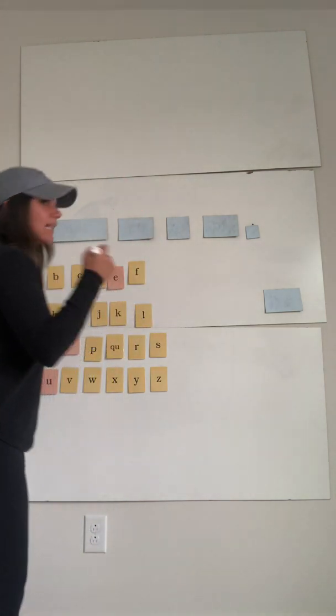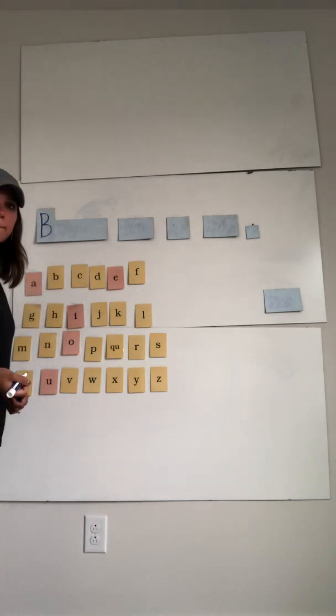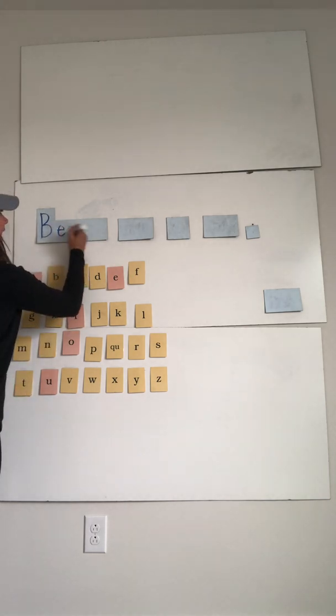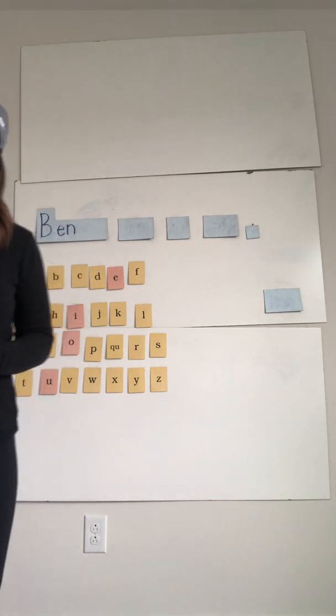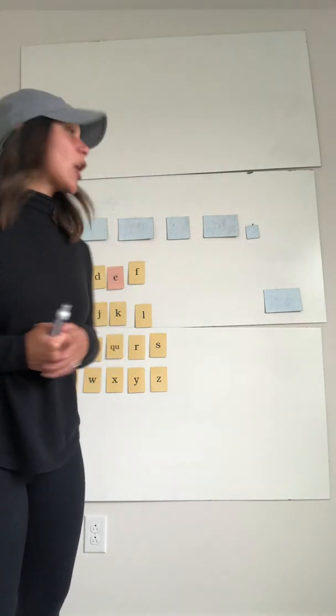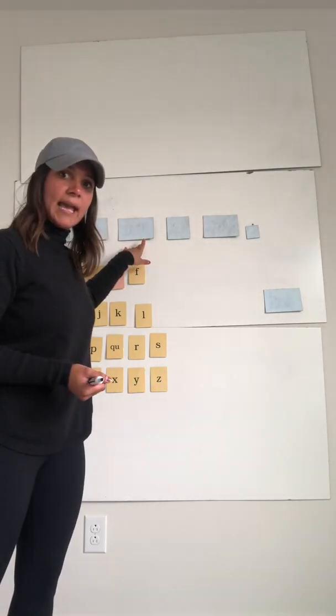Nice. Now my beginning letter that I hear in Ben is B, B, B. Good. B-E-N, Ben. Go ahead and write that on your paper. Nice. Now my second word is Ben has.